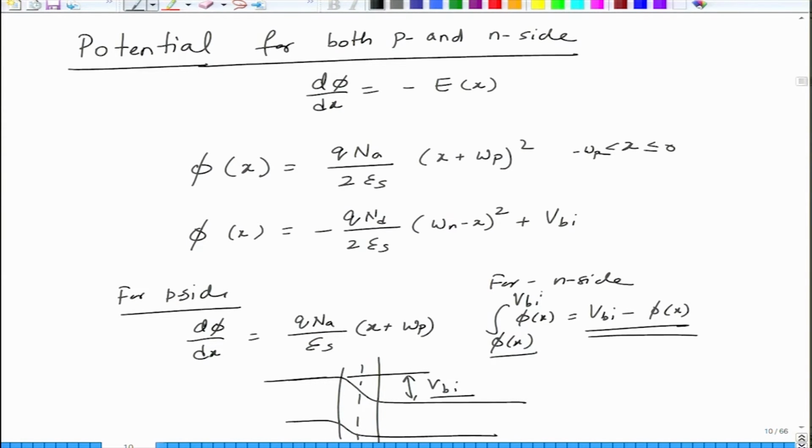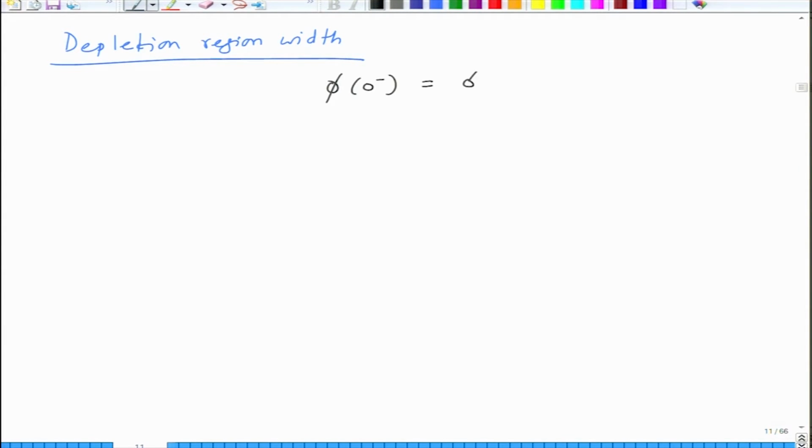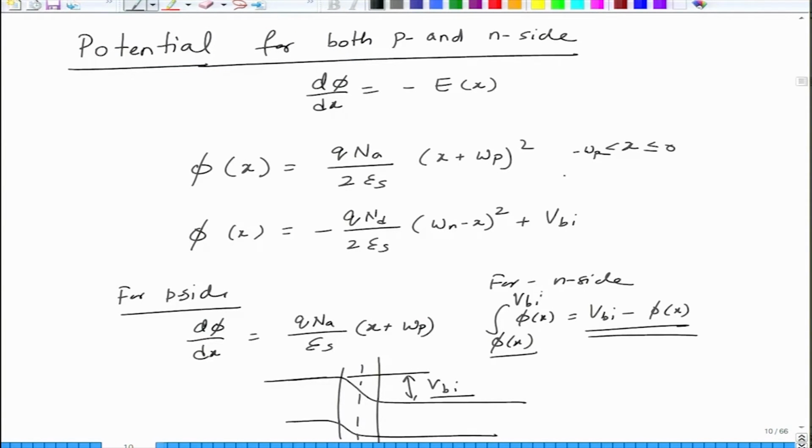All right. So now let's see what is the depletion region width. Now, since we are saying that at the interface the potential is continuous, what it means is that phi at 0 minus is equal to phi at 0 plus. All right. So as a result, since you have these two expressions, phi x for this is, this would be Wn, okay, on this side.